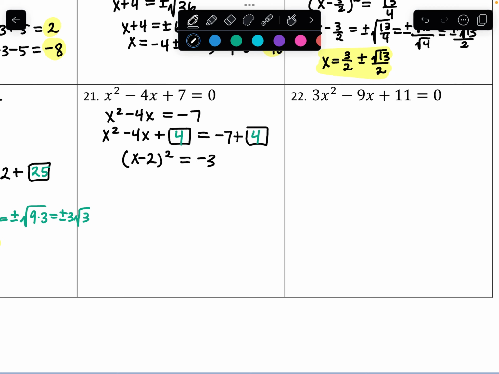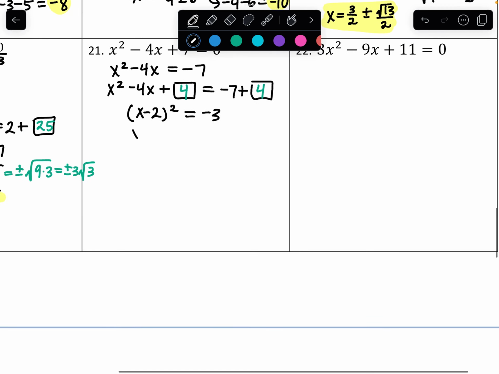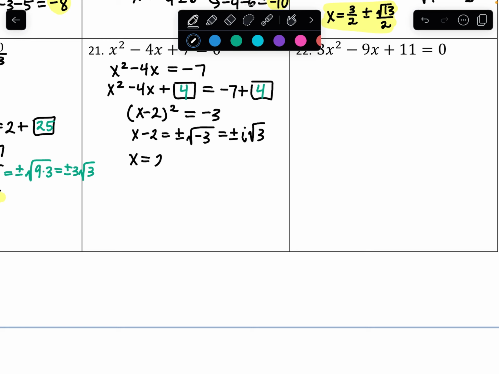Right side simplifies to -3. Square root property. And so we're going to have some complex numbers because we're going to take an i out for that negative square root. So when I move the 2 over, it's 2 ± i√3. That's the best we can do.